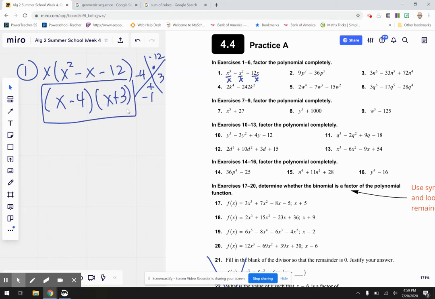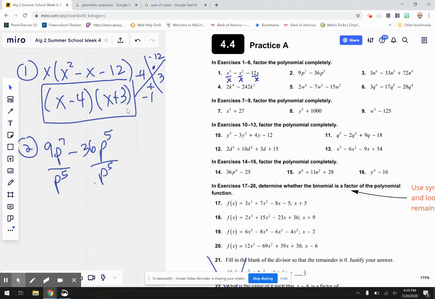Number 2, 9p to the 7th minus 36p to the 5th. And now you might notice there are at least 5 p's that you could divide out of both sides. So we should do that. We should divide out a p to the 5th.